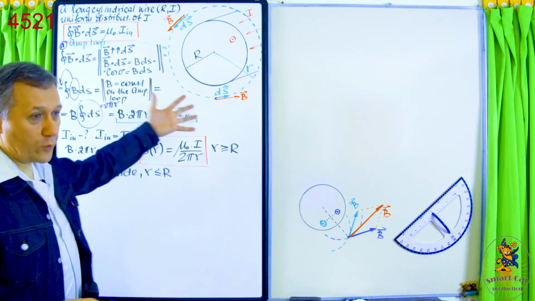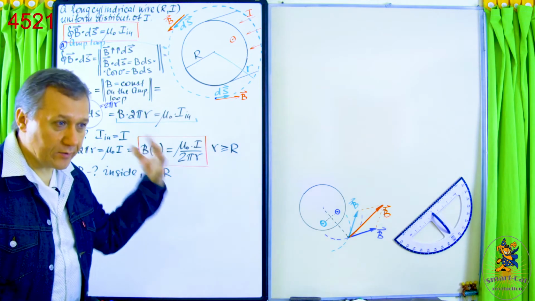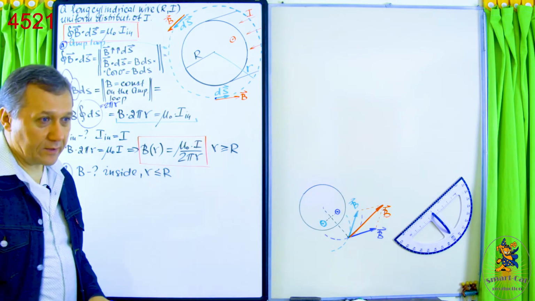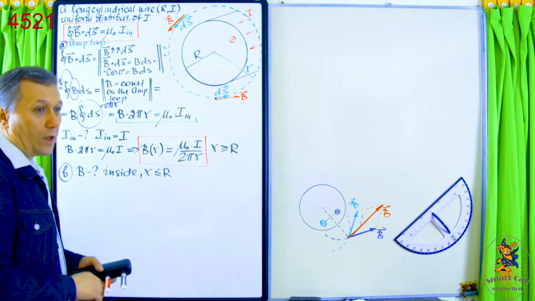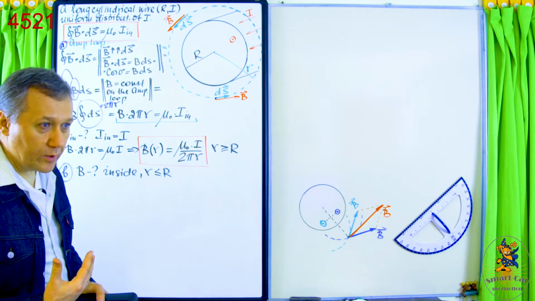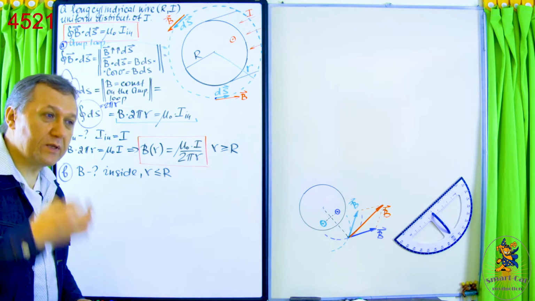Of course, the amperian loop must be in the region where you want to find the magnetic field. You can pick any amperian loop, but of course we have to be smart and pick the best one.